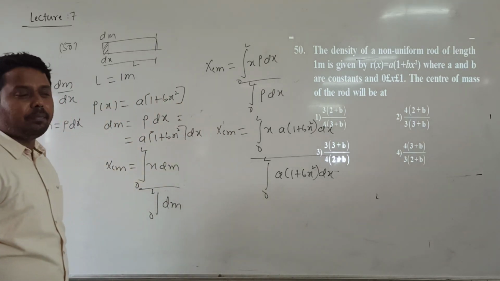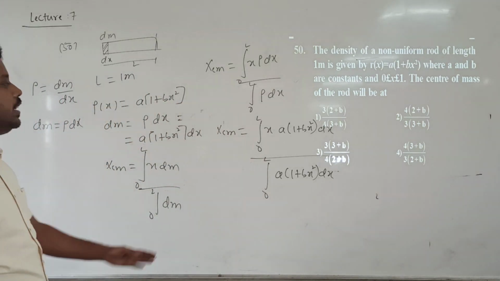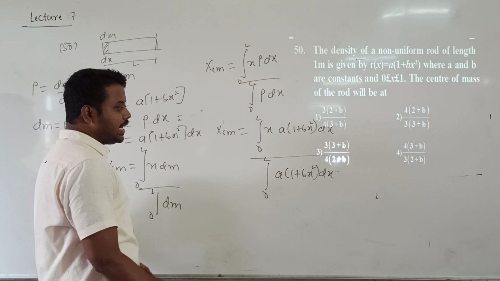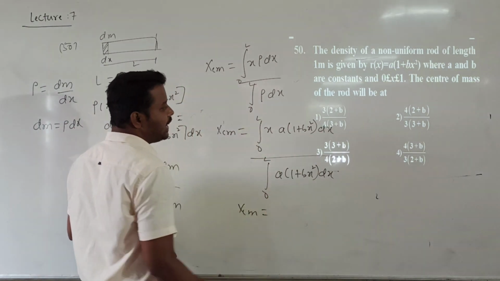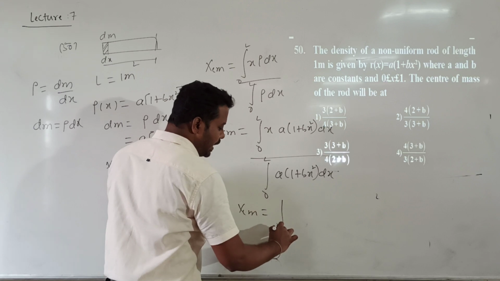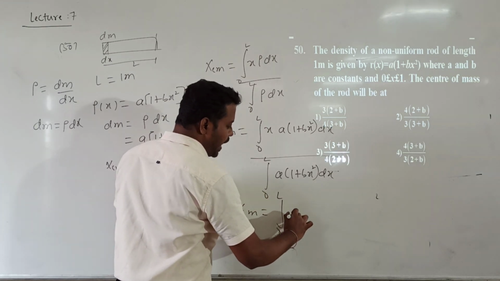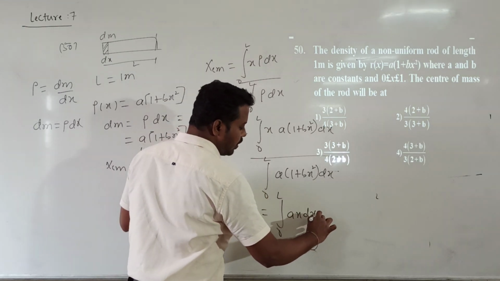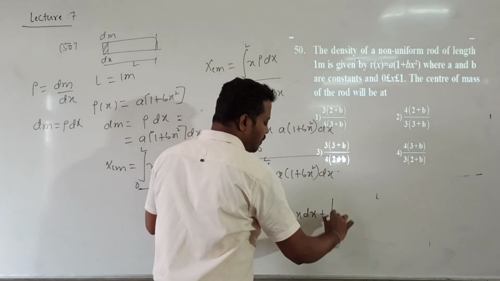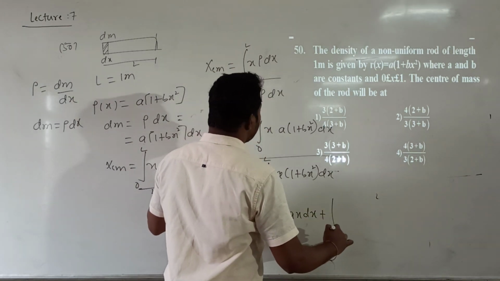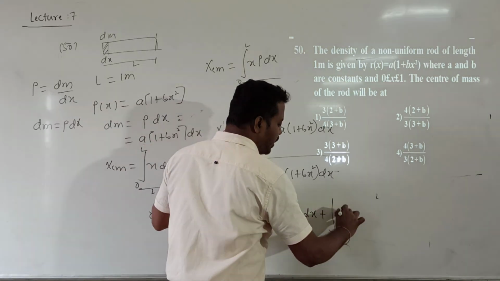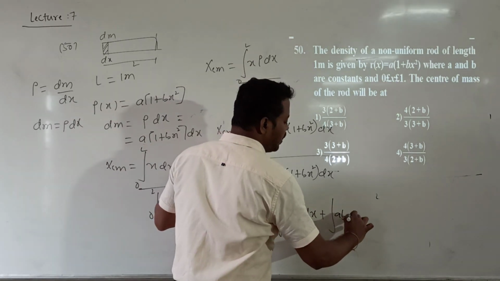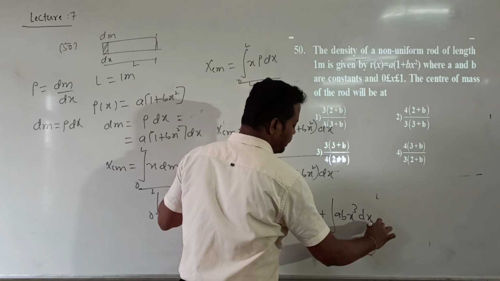For doing this problem, you should compulsorily know how to do integration. So you need to apply integration. Then XCM will be equal to, can I split the integration? This can be written as integration of 0 to l of ax into dx plus integration of ab into x cube into dx.